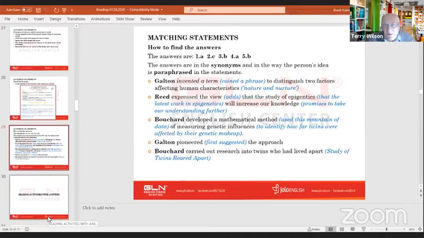Reed expressed the view that the study of epigenetics, so that latest work in epigenetics, will increase our knowledge, so promises to take our understanding further.